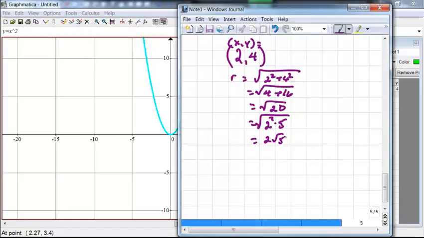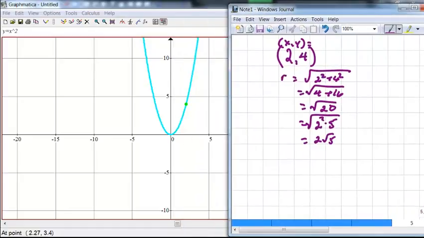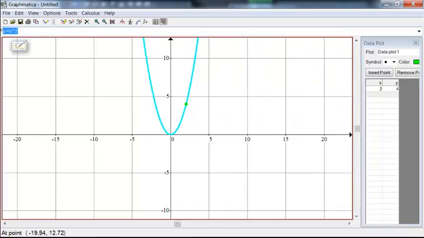Okay? So if I do a circle centered at the origin of radius square root of 20, it would be x squared plus y squared equals 20. R squared, which is 20. Or I can do it in polar here: r equals square root of 20.